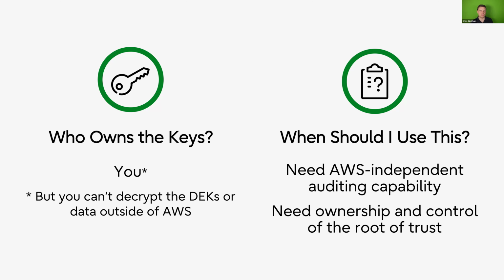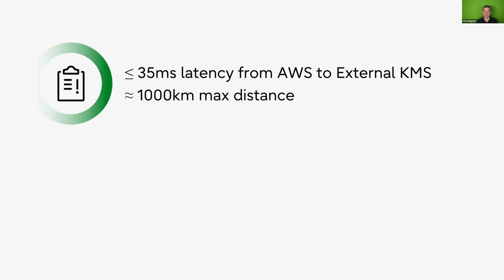There are, however, two additional things to be aware of when considering XKS, and the first is a hard technical requirement. Your external KMS must be no more than a 35 millisecond ping from your AWS region.